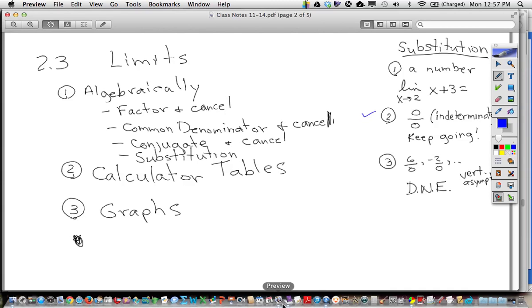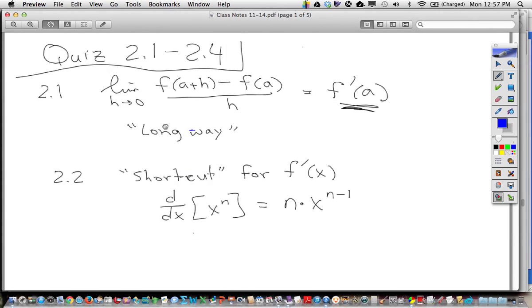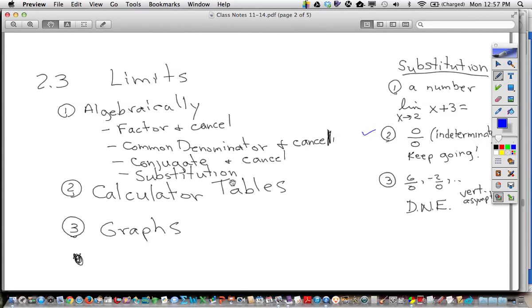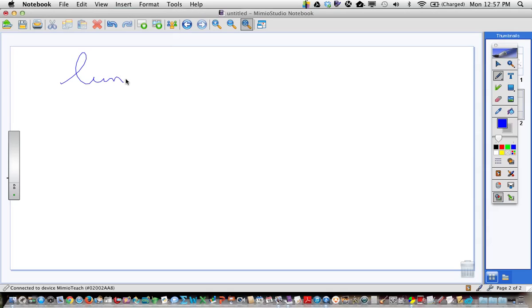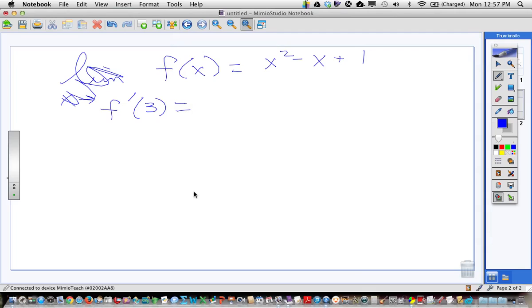And while we're doing it, we'll mix in a long way one right here as we go. Okay? So let's do this problem right here. f of x equals x squared minus x plus 1. Find f prime of 3 using the definition of the derivative.